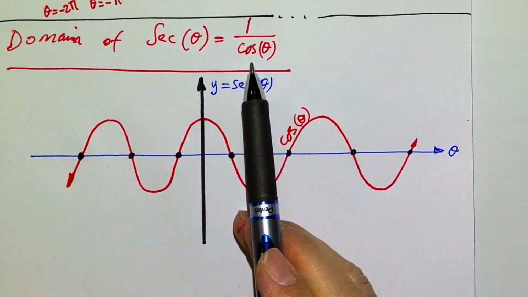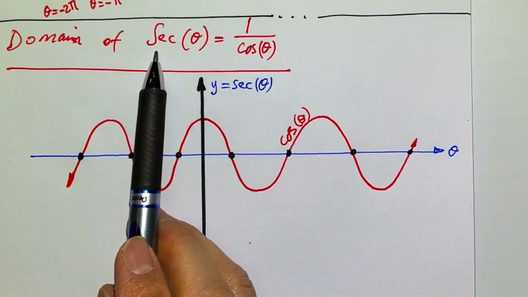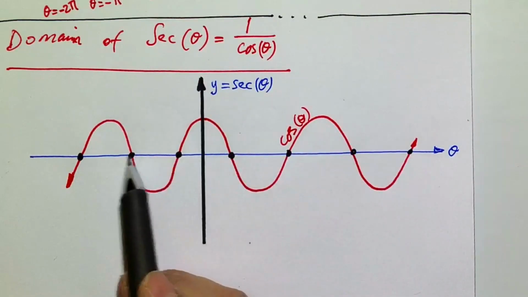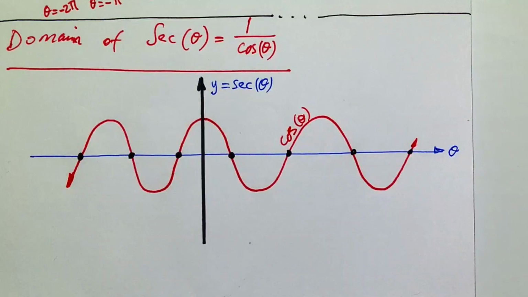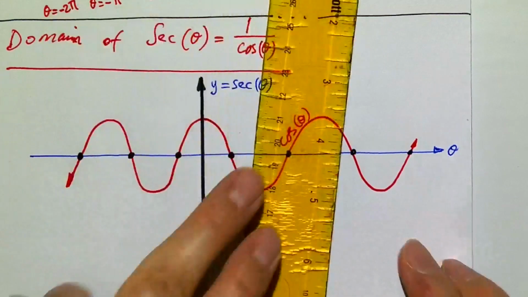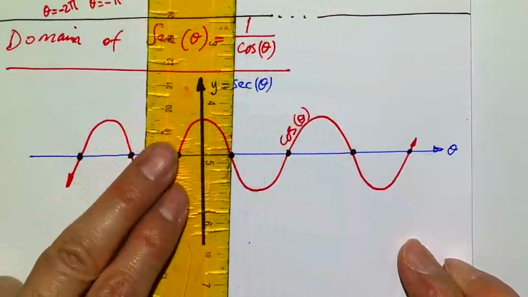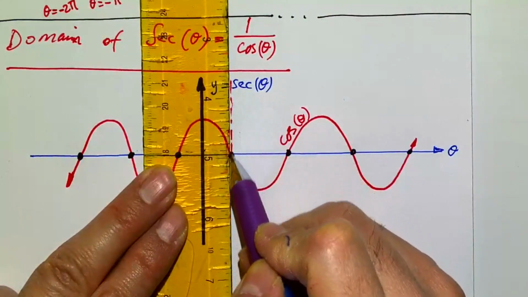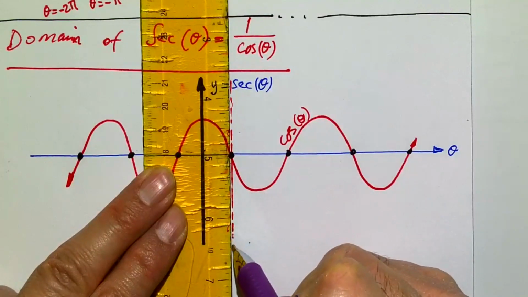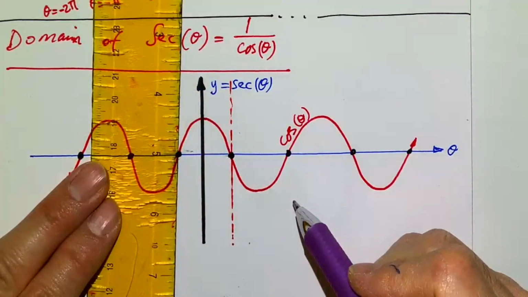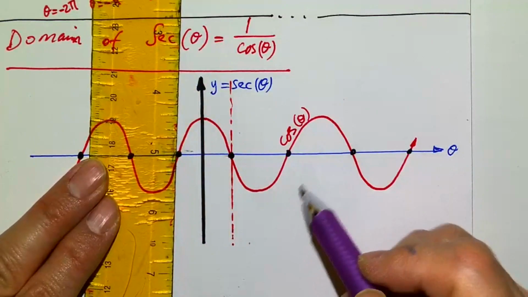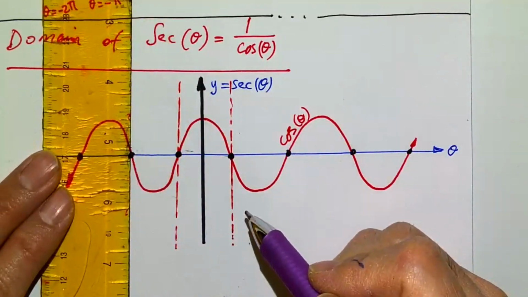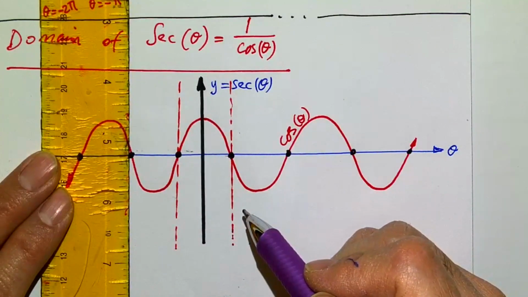Okay, wherever the cosine of theta is 0, all these points, this ratio is going to be undefined. So secant of theta will be undefined. So all those dots that you see where cosine of theta is 0 are going to be our vertical asymptotes. So let's draw them here, some of them at least. I won't draw all of them, but it'll be one here, another one here, another one here, right?